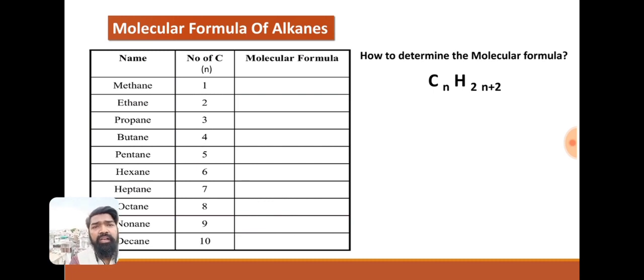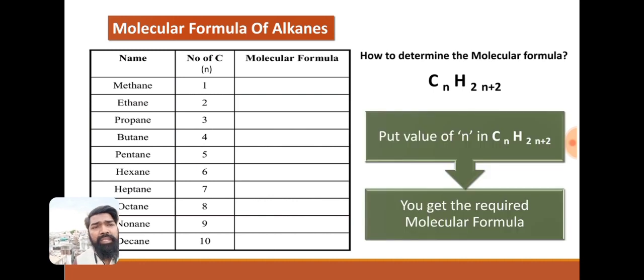We just want to put the value of n in this general formula, CnH2n+2, which everybody knows. Just put the number of carbons and we get the required formula.